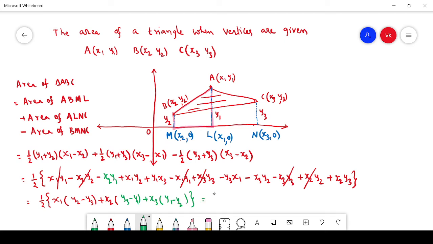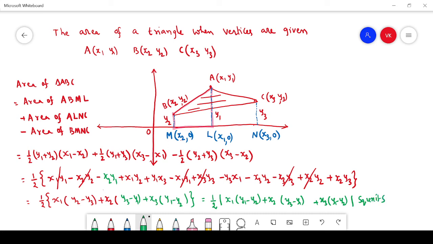Because the area of the triangle is non-negative, we need to take the positive value. So this is half into the modulus of x1 into (y2 minus y3) plus x2 into (y3 minus y1) plus x3 into (y1 minus y2). This is the area of the triangle when vertices are given.